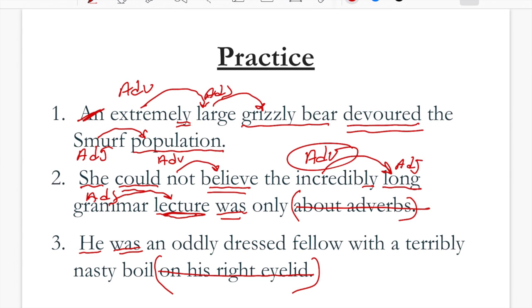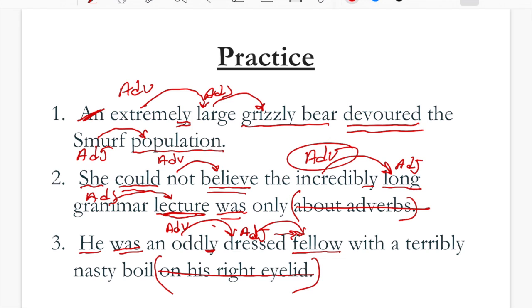He was a fellow. That means he's a guy, right? What kind of fellow was he? He was dressed. To what extent was he dressed? He was oddly dressed. So if dressed is our adjective, modifying our noun, which is over here, then oddly is modifying our adjective, which makes oddly, which has an ly on it, an adverb.